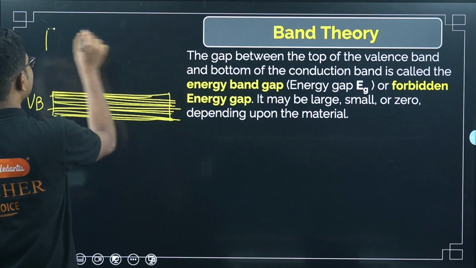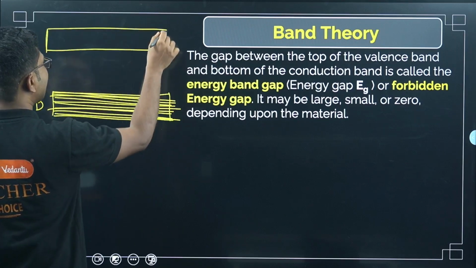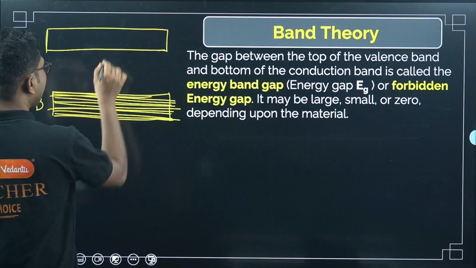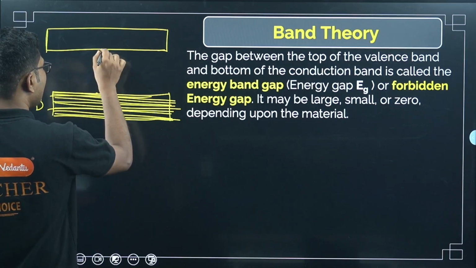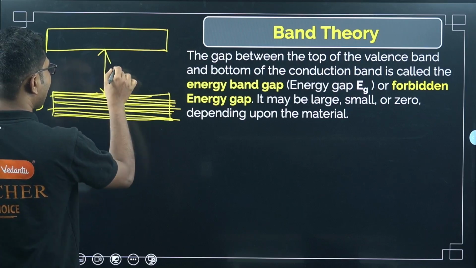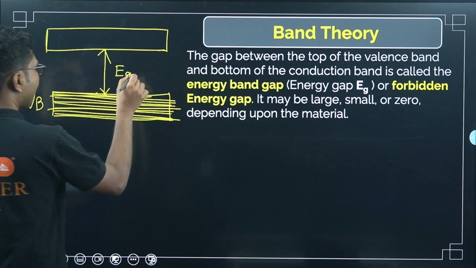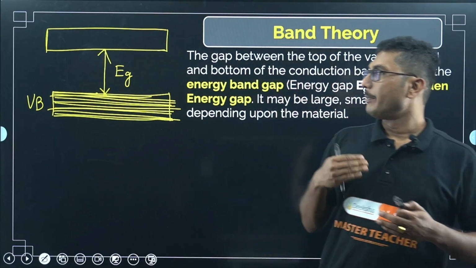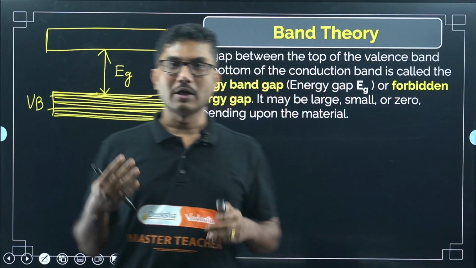And there is a conduction band which is empty. In general, the gap between this point and this point is called the energy gap, energy band gap or forbidden energy gap. Everything is the same: forbidden energy gap and band gap are one and the same.